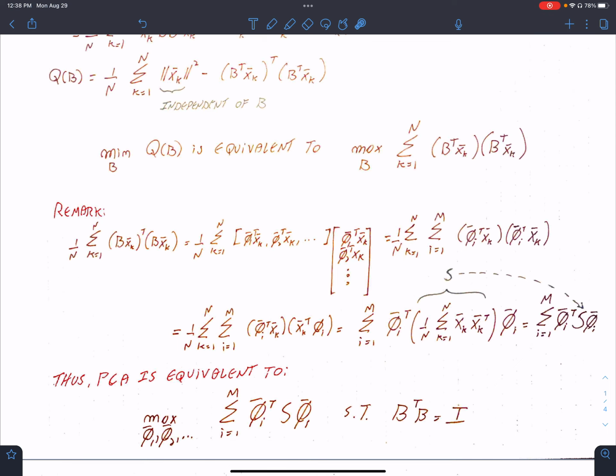And I can also rearrange this here, right? So phi i transpose times xk is the same as xk transpose times phi i. Again, we're talking about these being real vectors, so there's no problem with doing that.